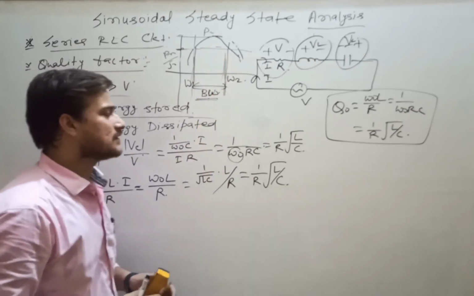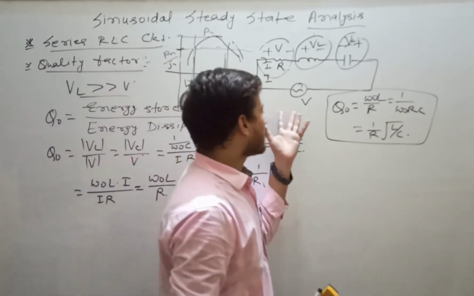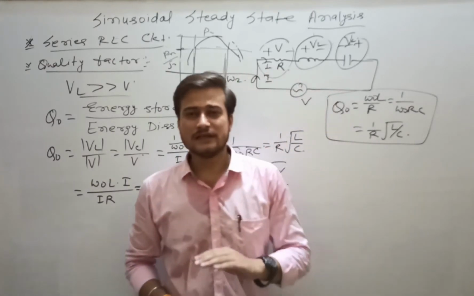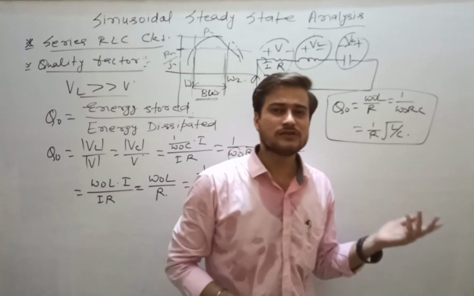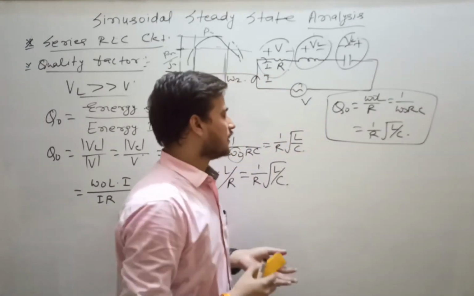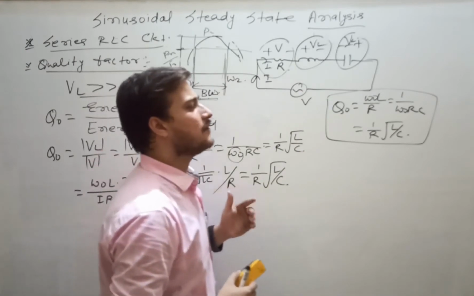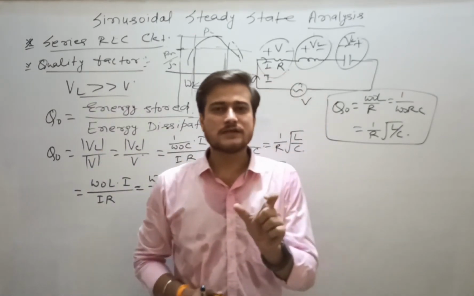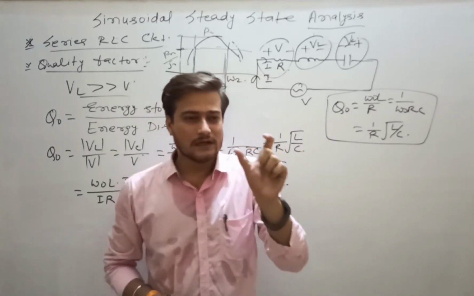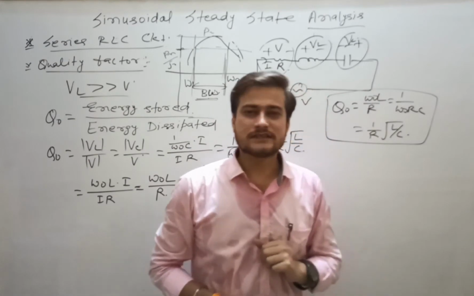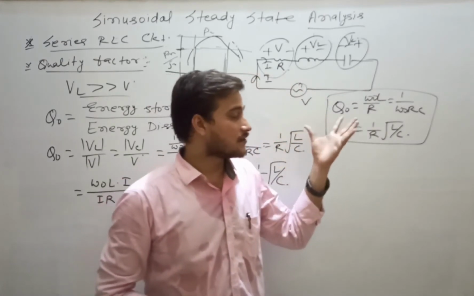That means this type of circuit is used in filters, AC mains filters, and in noise filters, where you have to reduce the noise. If you have signals of different frequencies and only the desired range of frequencies is needed to pass through the system, then you connect a series RLC resonating circuit.